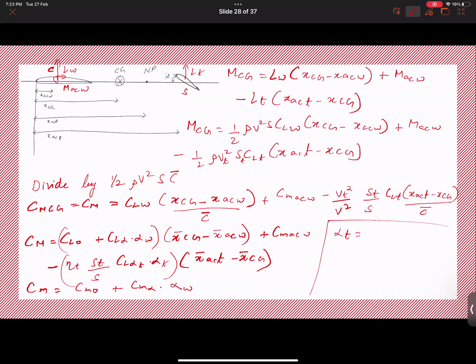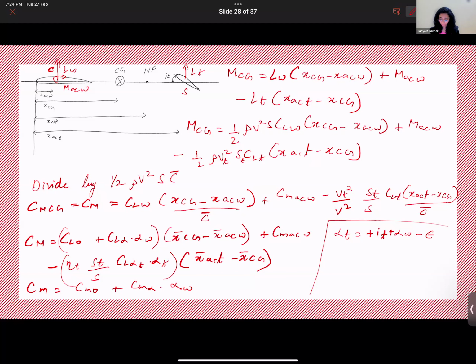So setting angle of wing minus setting angle of tail. In this case, there is no setting angle of wing, so is it just minus the setting angle of tail? Downwash: it's plus or minus downwash. So here it will be plus, right? So it's alpha wing plus IT minus downwash. The tail setting angle in this case is set at a positive angle, so it will be plus, right?